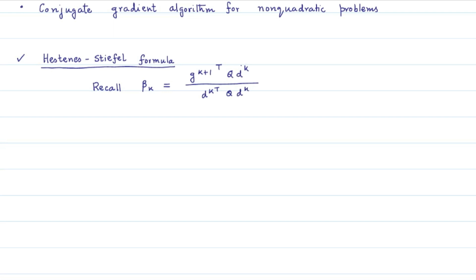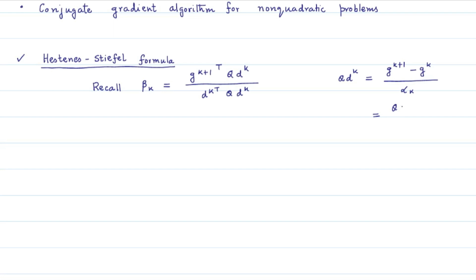From this expression we want to eliminate the appearance of Q. For this we notice that Q dk can be written as gk plus 1 minus gk divided by alpha k. Indeed, we can replace this Q dk by this expression because we notice that gk plus 1 is the gradient of the function at the point xk plus 1.